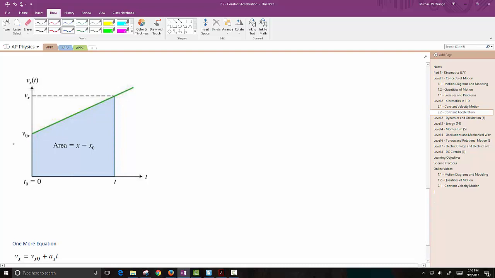So when you do these, you're going to end up breaking it out into things that you can find the area of. So I can see that I have a triangle and a rectangle. So if we look at this side of the triangle, then that would be Vx minus Vx naught. That's the length of it. And then the length of this triangle is going to be T minus T naught.